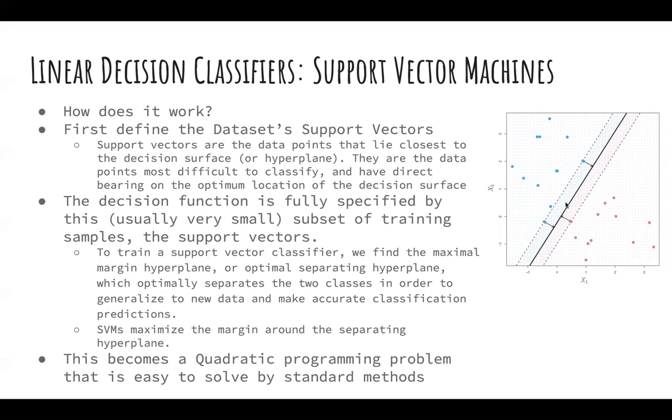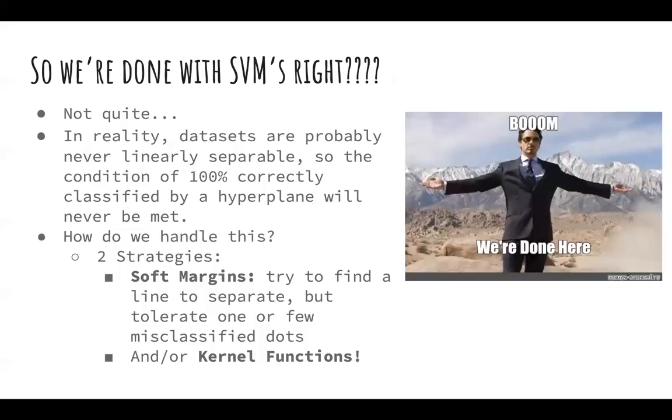We don't need a hard margin. We don't need a firm thing. We're okay potentially allowing for some error to creep in. The second approach is kernel functions, and that is what we are going to talk about right now.